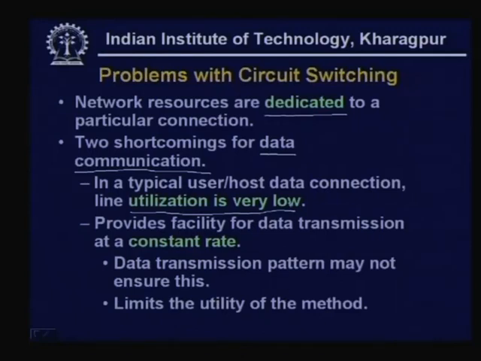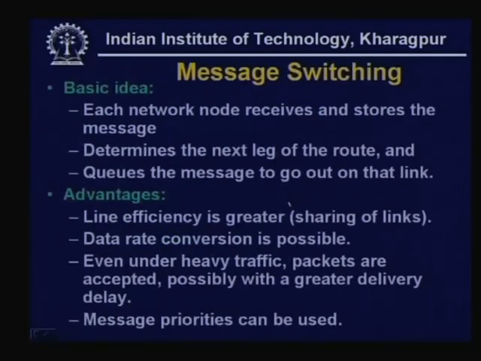And these limitations can be overcome by using message switching. The basic idea of message switching is that each network node receives and stores the message, determines the next leg of the route and queues the message to go out on that link. That means it is essentially a store and forward approach.